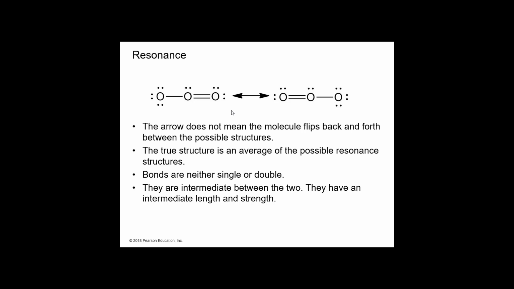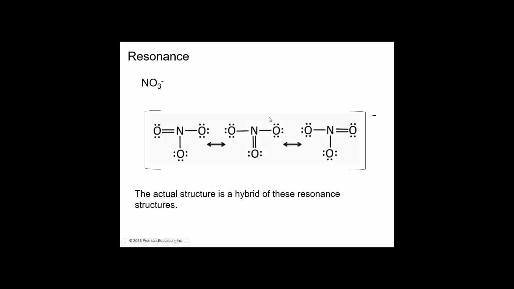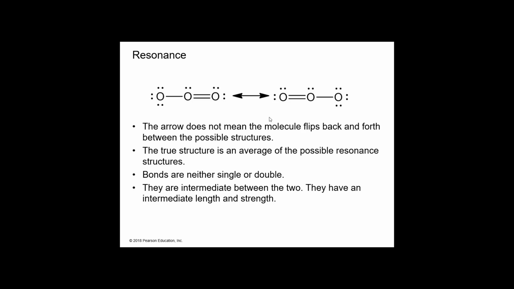There's not really a quick and easy way, so that's why I've given you more examples, so you can see some of these other resonance structures. After you start drawing Lewis structures enough, you should be able to see, okay, I'm drawing this here, but I have one that looks exactly like it on this side. This is going to be a resonance structure, and I need to draw it. Usually they're all symmetrical, so you have to show the oxygens are all equivalent. That's the best way I can explain it because there are really no set rules. And that's it.